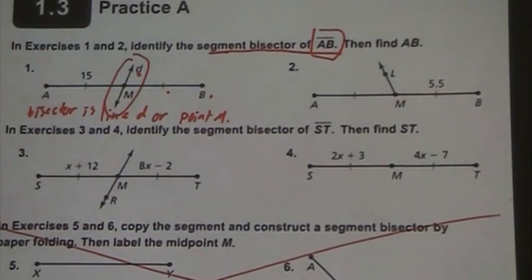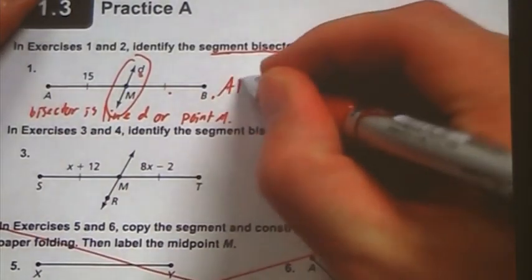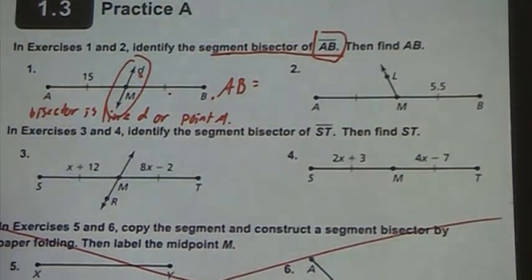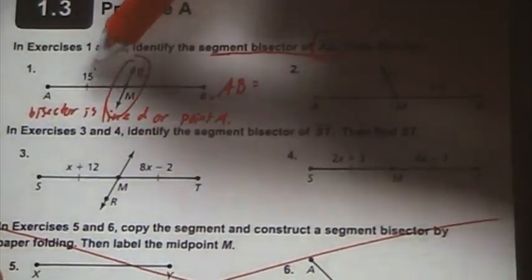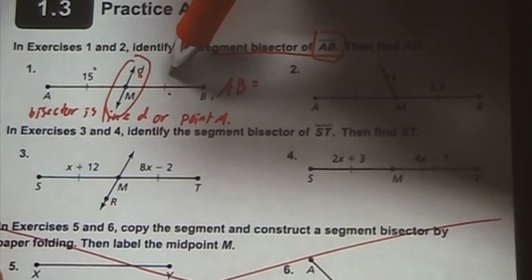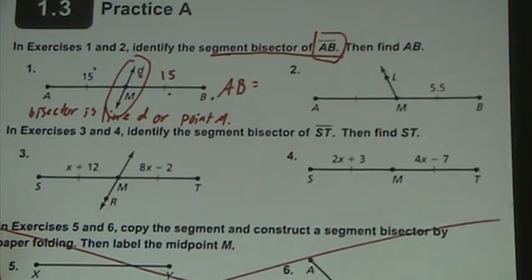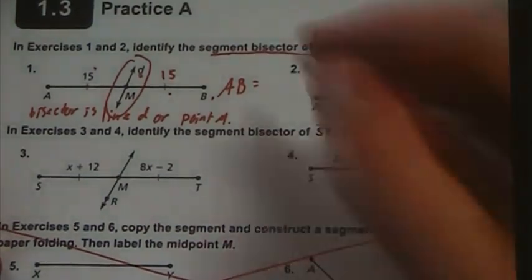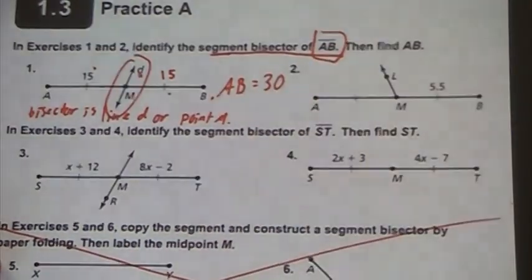Now, how big is AB? What do you think? Well, if this half is 15, how big is this half? 15. And then you add those two guys together, and you got 15 plus 15, which is 30. Boom, done.